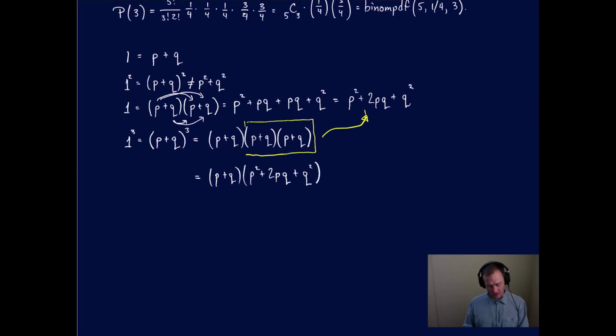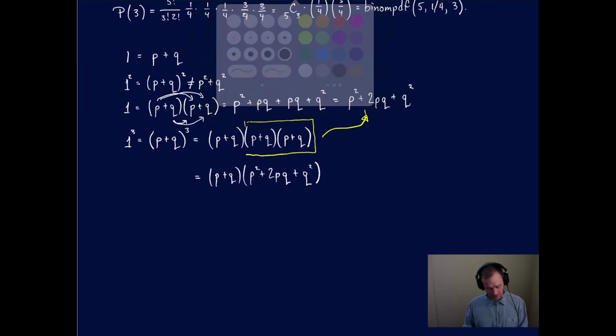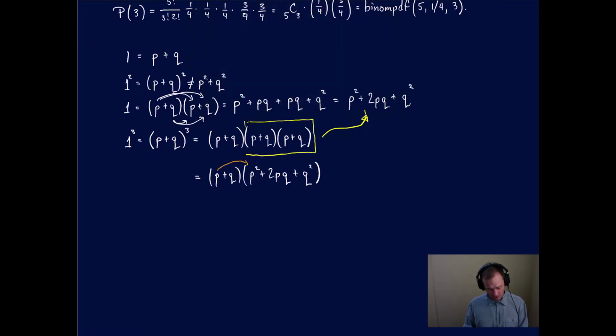So we'll do it in different colors. How about an orange distribution? Orange is going to give me a p cubed, and then a p times 2pq, that's going to be plus 2p squared q, and then a p times a q squared, so plus pq squared.